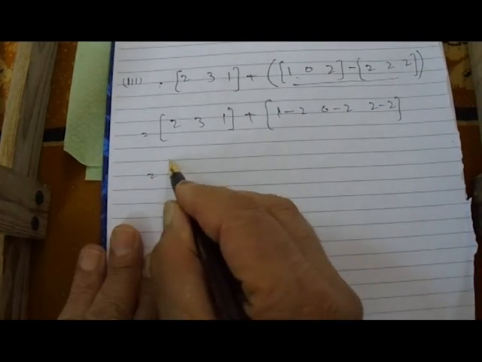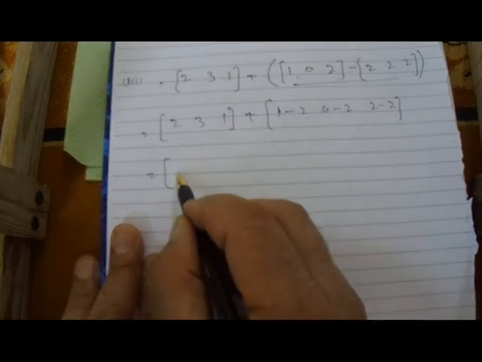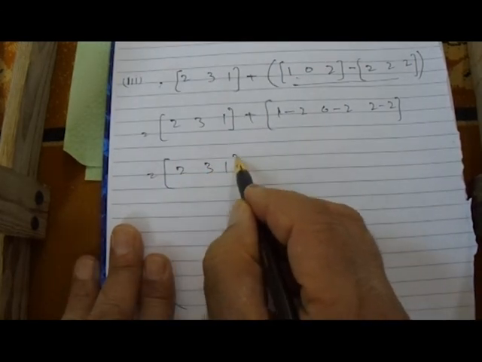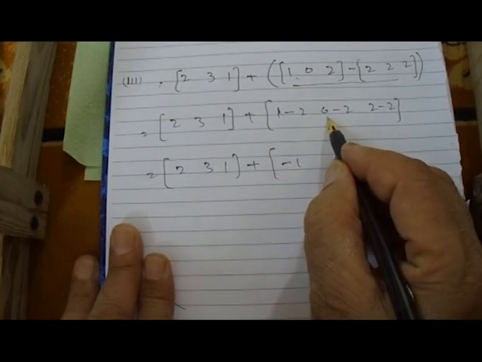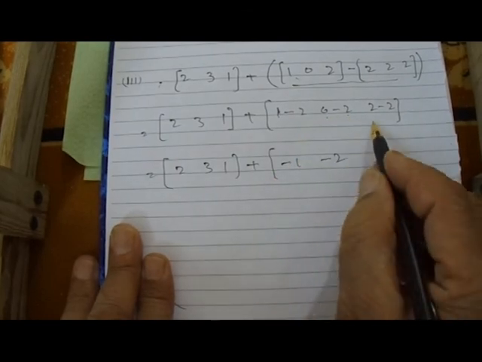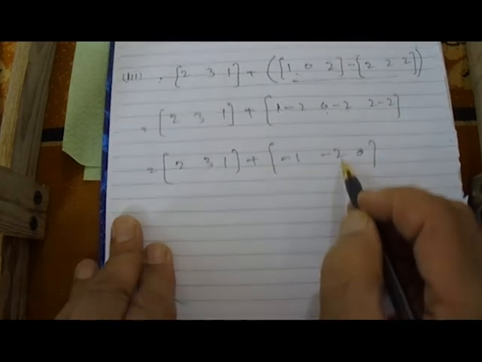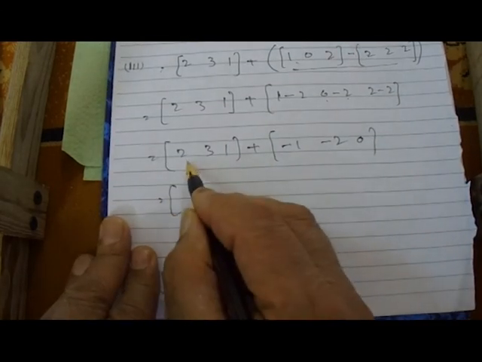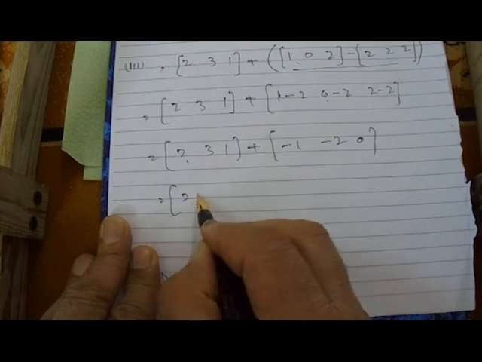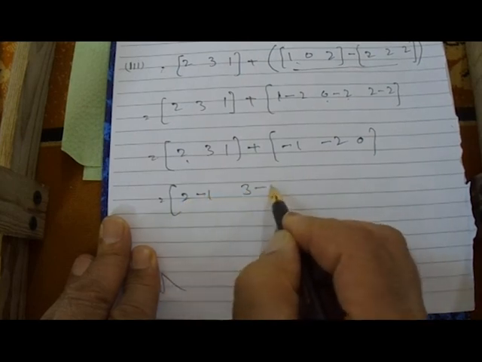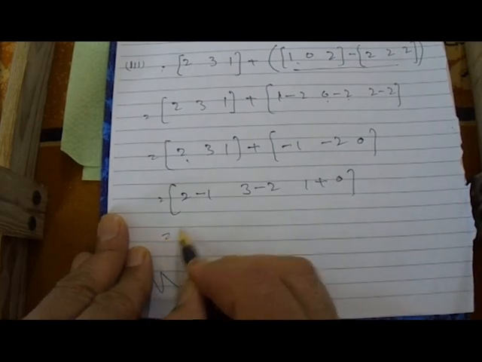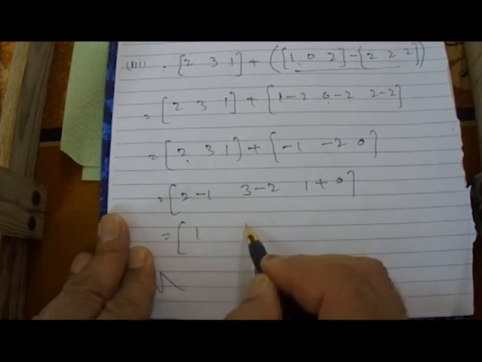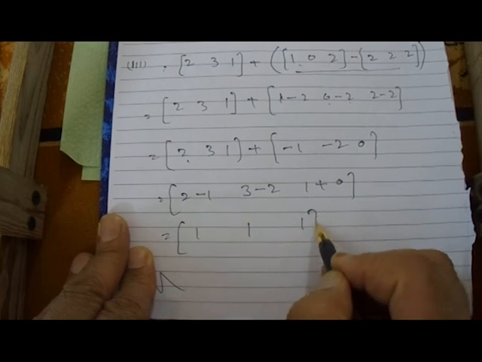Again it is 2 3 1 and plus 1 minus 2 minus 1 0 minus 2 minus 2 and 2 minus 2 0. We add this: 2 minus 1, 2 minus 1, 3 minus 2 and 1 plus 0. This is equal to 1 1 and 1. Now this is the answer.